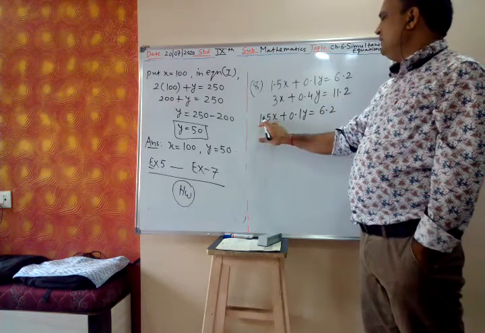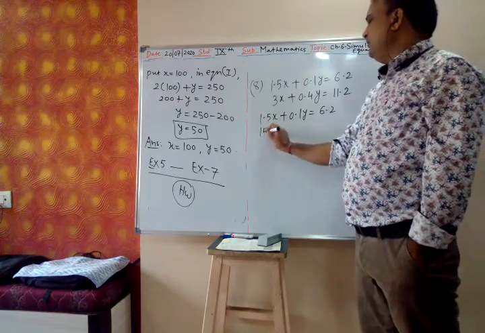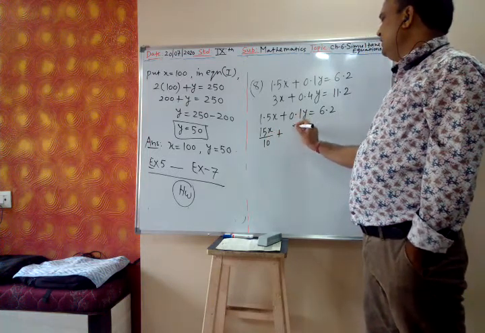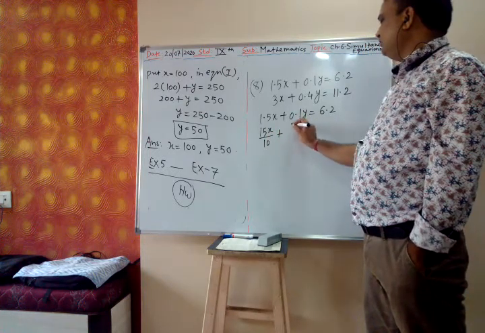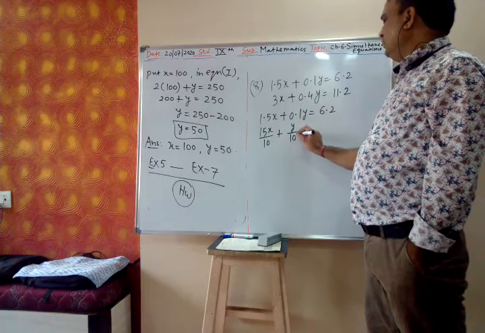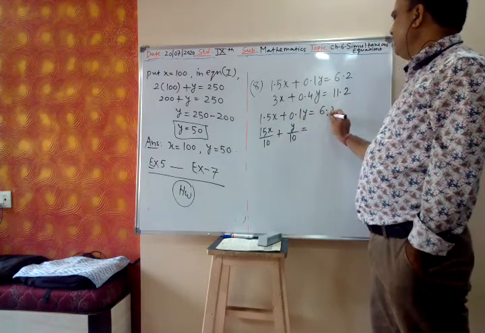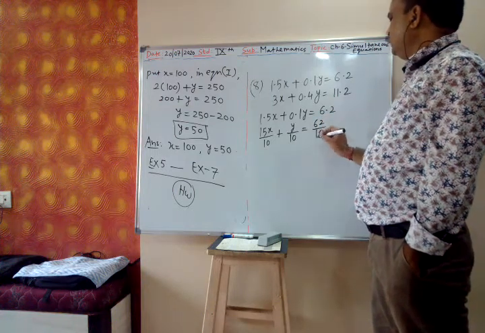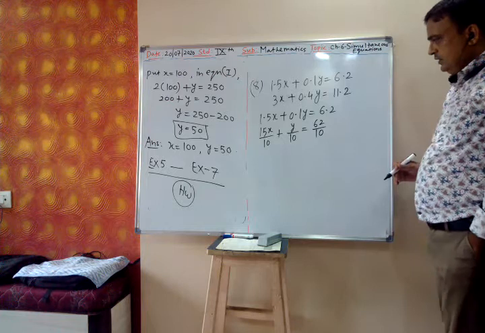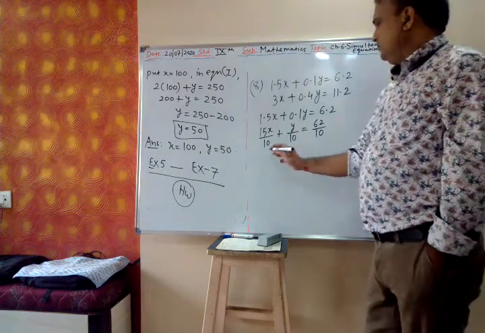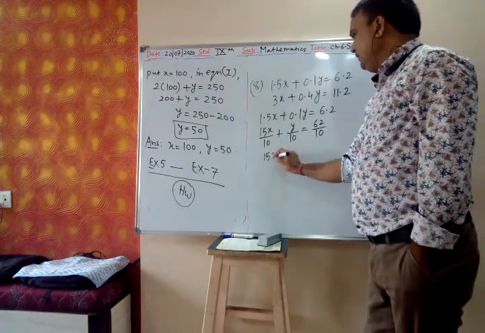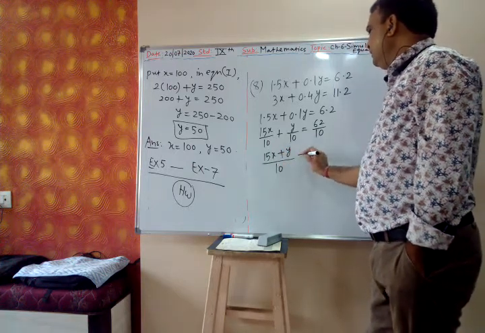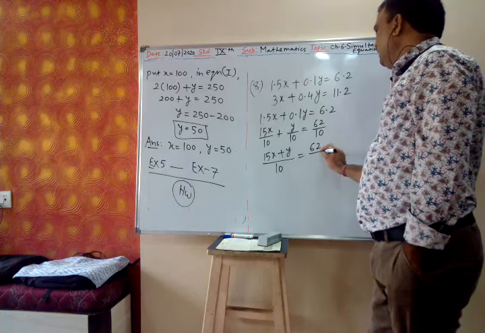After the decimal there is one digit, so I can write 1.5x as 15x upon 10. Similarly 0.1y as y upon 10. Then 6.2, after the decimal there is one digit, so I can write 62 upon 10. So this I can write as 15x plus y upon 10, the denominator is the same, is equal to 62 upon 10.